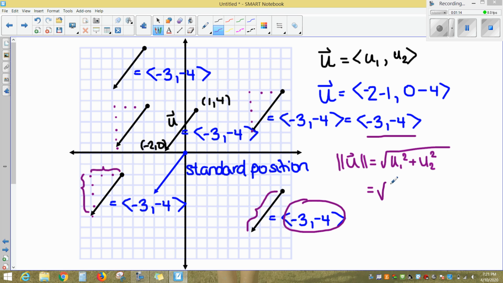In our case, if we square -3, we get 9, and we square -4, we get 16, and we know the square root of 25 to be 5. So the magnitude of our vector v, meaning the length of any of these directed line segments up here, is 5. That magnitude is 5 for all of them.